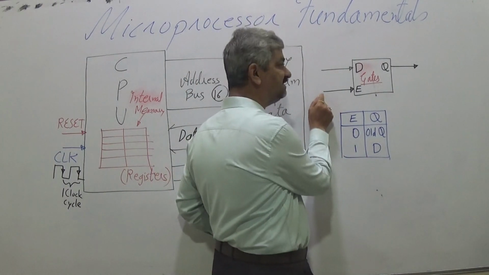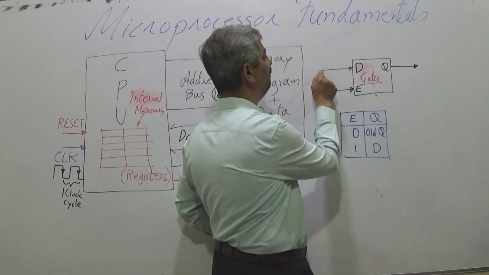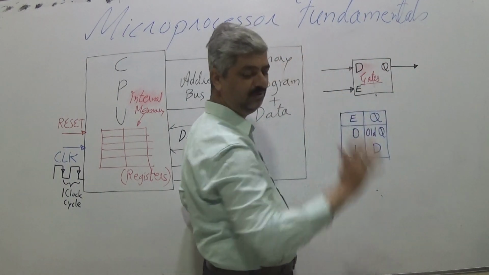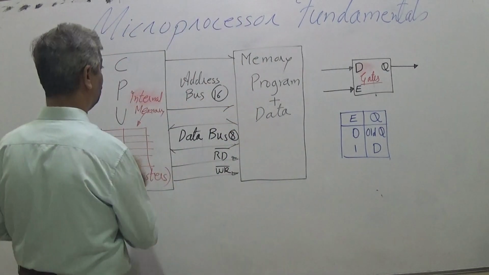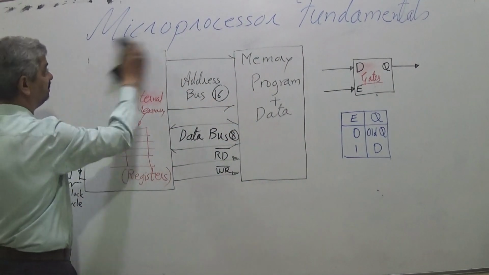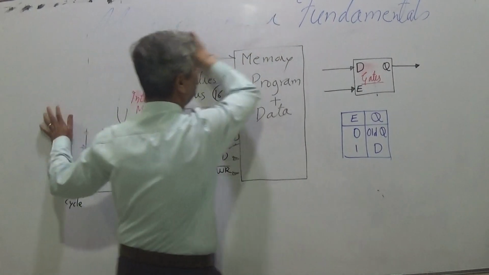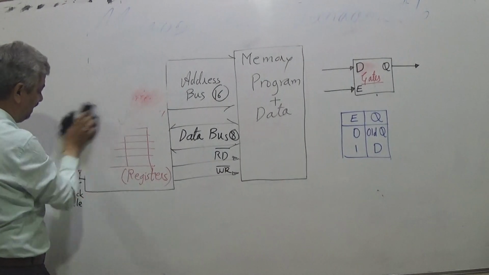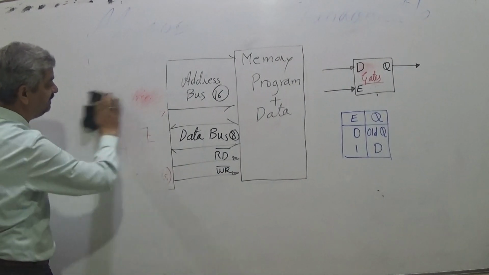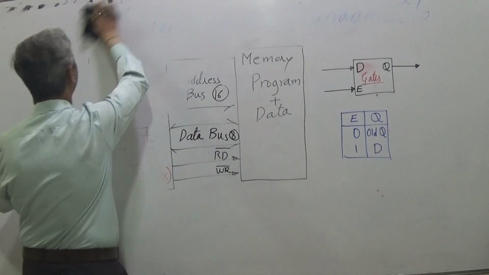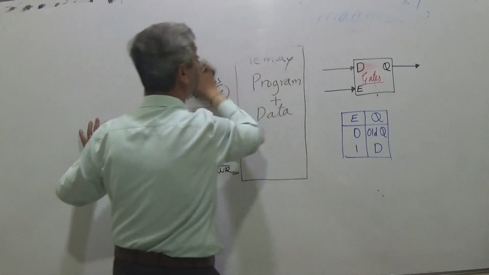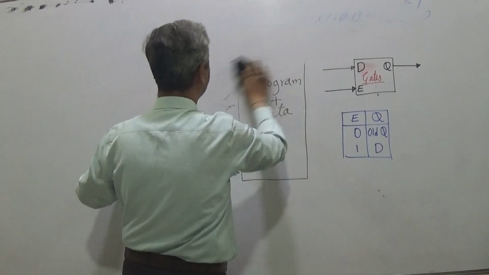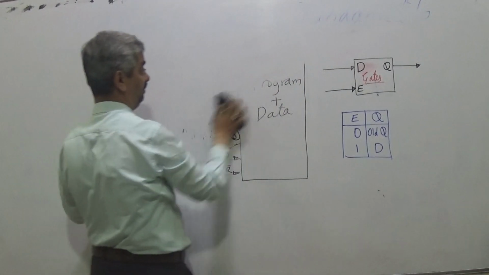So when E is kept as 1, whatever you put on D gets transferred to Q. I will explain because this is very much required. Whatever you put on D gets transferred to Q, and when you make E 0, Q maintains its previous state. So it is remembering now, irrespective of input.